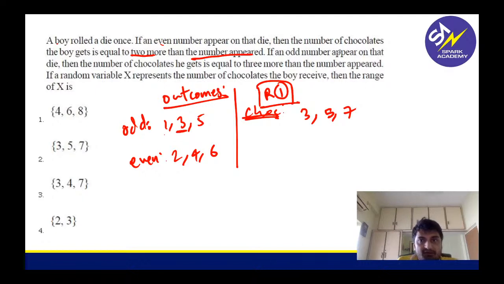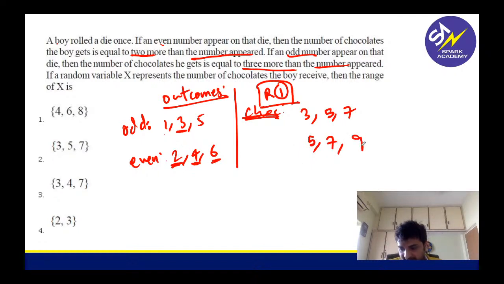If an odd number appears on that die, then the number of chocolates he gets is 3 more than what is appearing. So 2 plus 3 is 5, 4 plus 3 is 7, 6 plus 3 is 9. Correct, everyone?